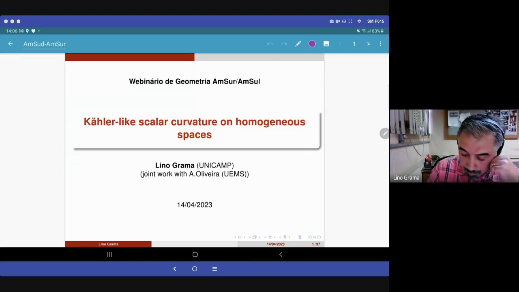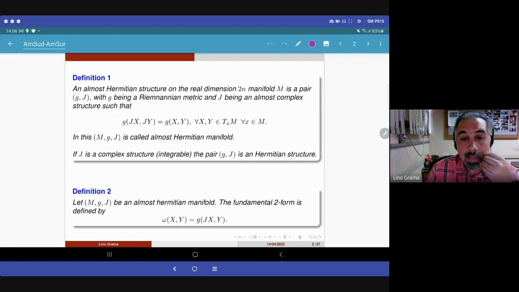And okay, let's start with some basic definitions to introduce the topic. Just recall, an almost Hermitian structure on an even dimensional manifold is a pair with a Riemannian metric g and an almost complex structure J, such that J is orthogonal with respect to the metric. And this triple we call an almost Hermitian manifold.